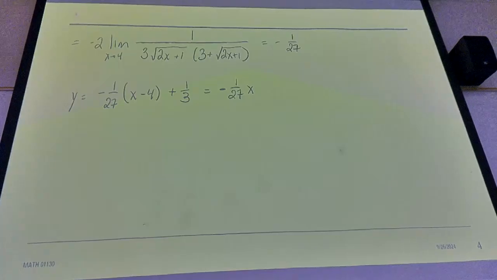Four 27ths plus a third. Do the hard part. So 4 27ths plus a third.